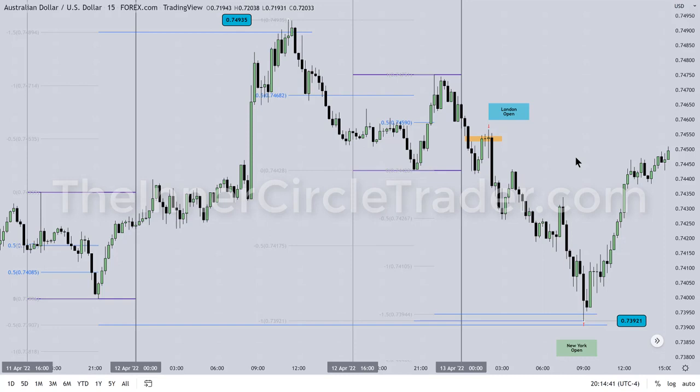It's never going to be just that simple. So there's going to be a variable of measuring the wicks like I'm using, or using the bodies. And what you're doing is you're looking for which one of the ranges between the low and the high is giving you the most confluences between the previous day and the day you're trading.